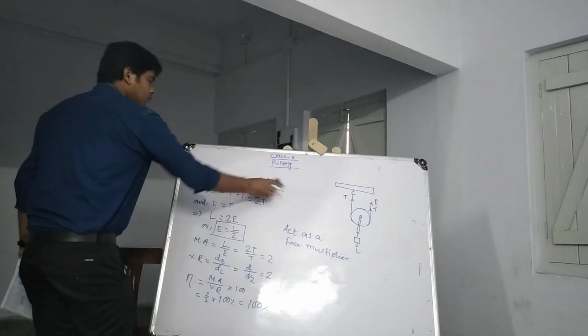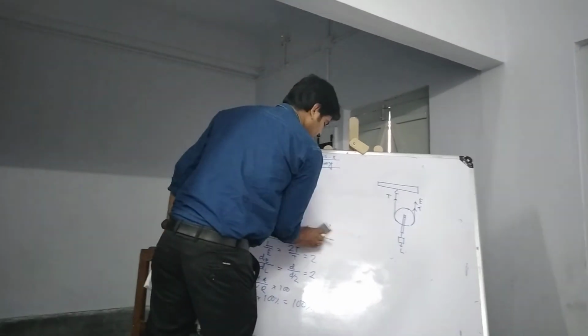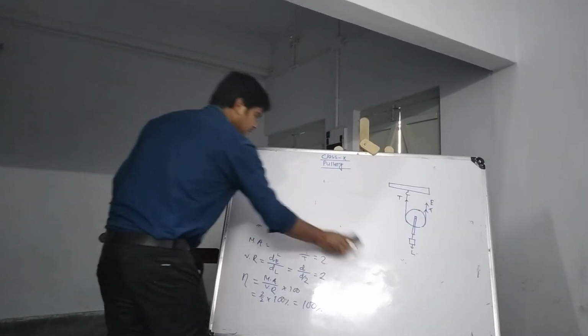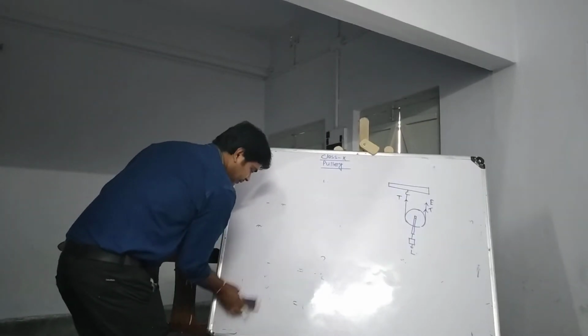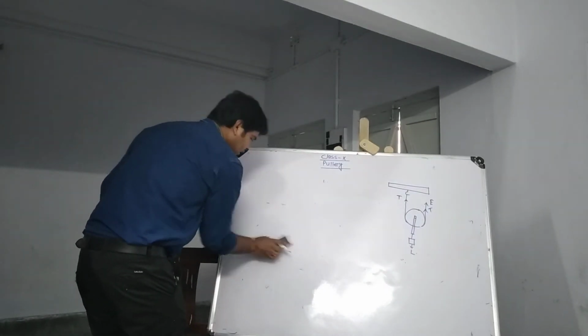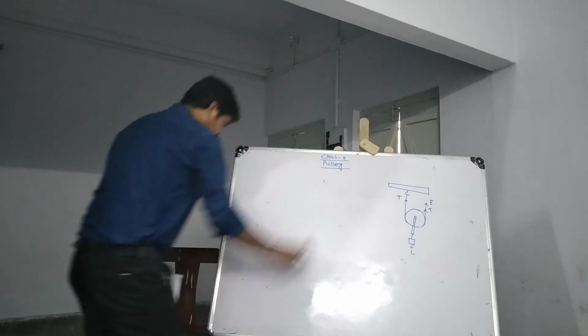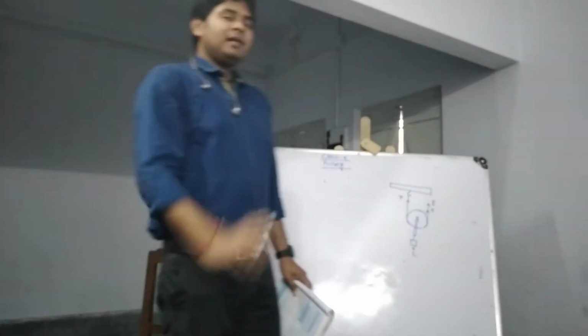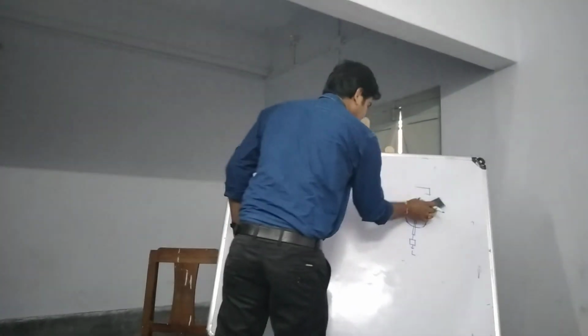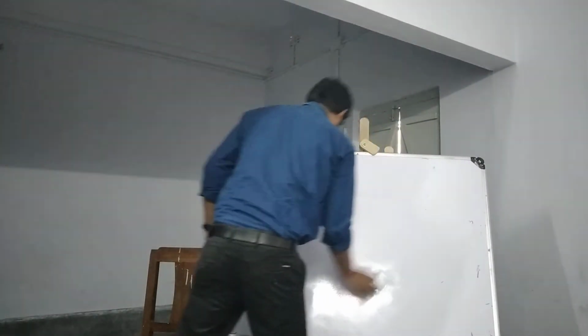Now, one more thing: the block and tackle system. In this system, there will be two parts of pulleys, the upper part and the lower part. I am going to draw a block and tackle system.